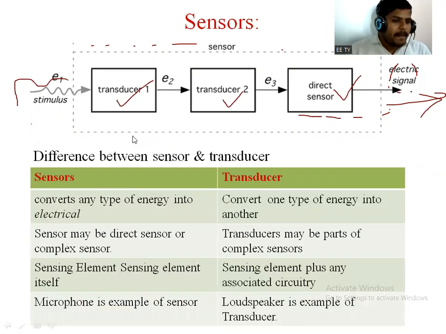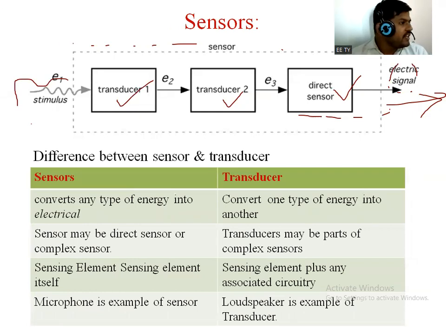See, according to the definition, the sensor will convert any type of energy into an electrical one. And a transducer will convert one type of energy into another. See the difference.